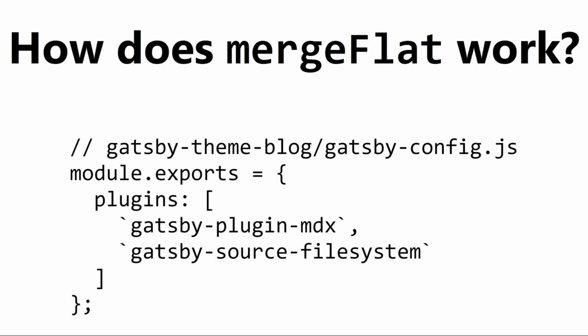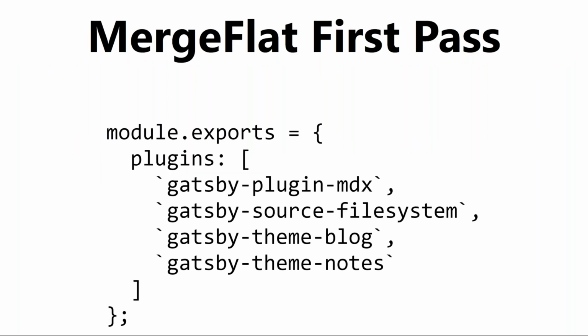So how does this hypothetical merge flat function work, right? If we have a Gatsby config in multiple places, our Gatsby theme blog has a Gatsby config, which is what we're looking at here. And that contains more plugins and more site metadata, right? So when we start running this process, what happens is we take the Gatsby theme blog out of the plugins. We check to see what is in that Gatsby theme blog Gatsby config.